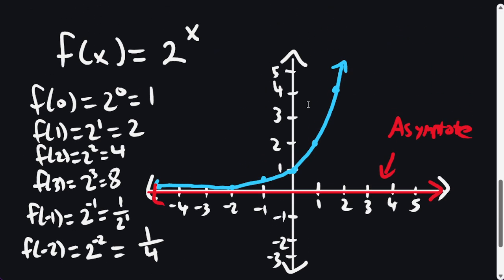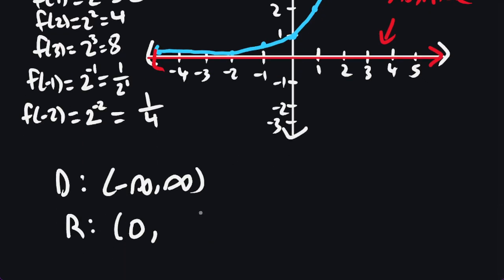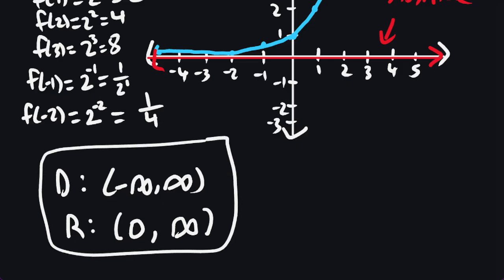And then the highest value, it can go all the way up to infinity up here. So from 0 to infinity. And then end parentheses. So that is the domain and range of this exponential function.